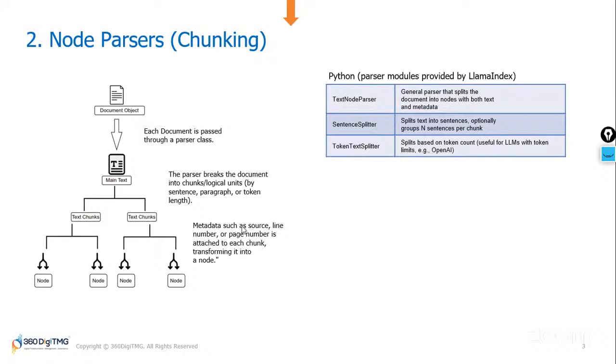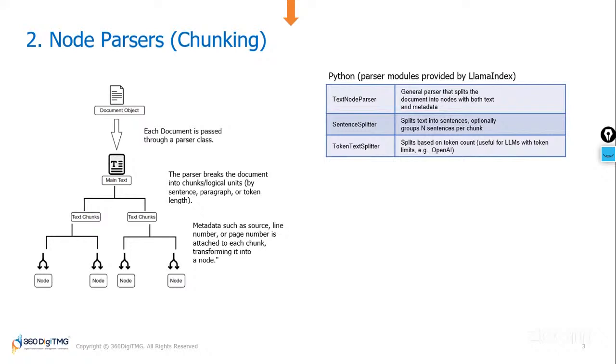And then the metadata, such as source, line numbers, and page numbers, is attached to each chunk, transforming it into a node. So LlamaIndex uses node parsers to divide the document into sentences, paragraphs, or fixed token lengths.